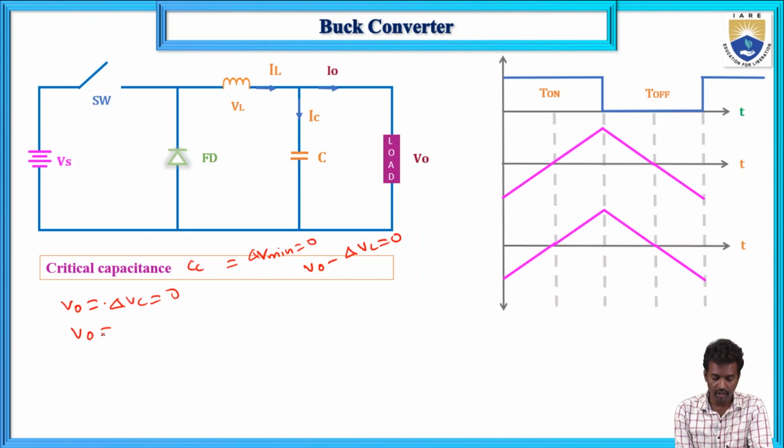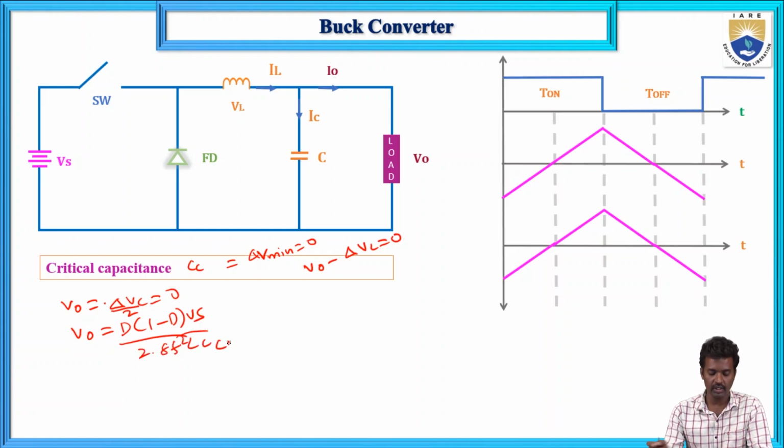So now V naught equals, what is the value here, D into 1 minus D into Vs divided by 2, that equals 2 into F square into LC. Here C is the critical capacitance.